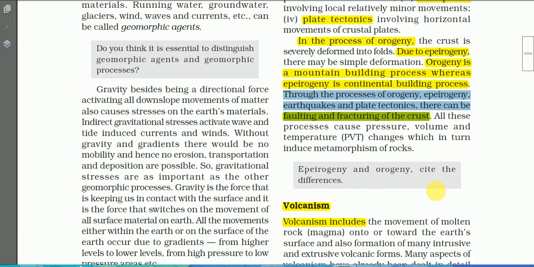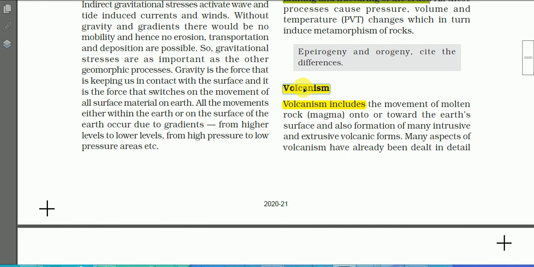Next we have volcanism, and the meaning of volcanism is given here. Volcanism includes the movement of molten rock, that is magma, onto or towards the earth surface, and also formation of many intrusive and extrusive volcanic forms. In chapter 3 we have learned this. So volcanism means movement of magma inside the earth interior.